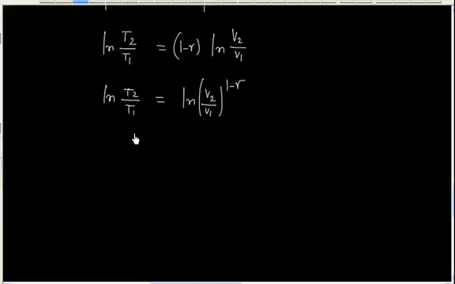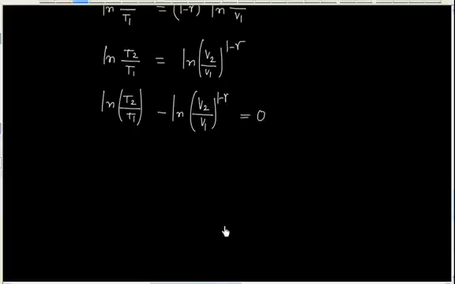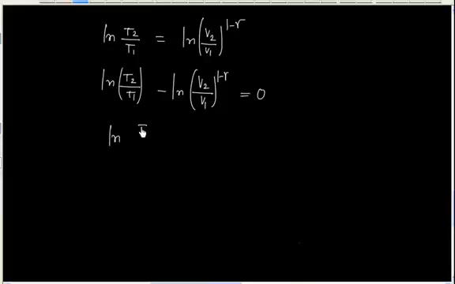Or we can write ln T2 by T1 minus ln V2 by V1 to the power 1 minus gamma equals 0. Or this can also be written as ln of T2 by T1 times V2 by V1 raised to the power gamma minus 1, equals ln 1, because log of 1 is 0.